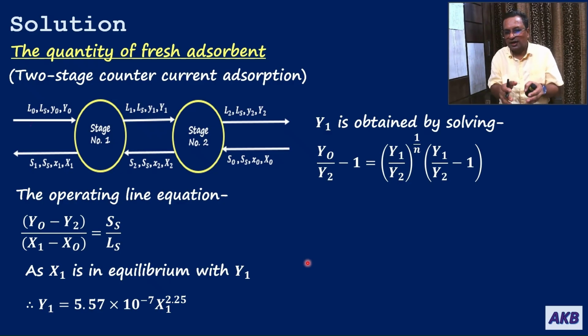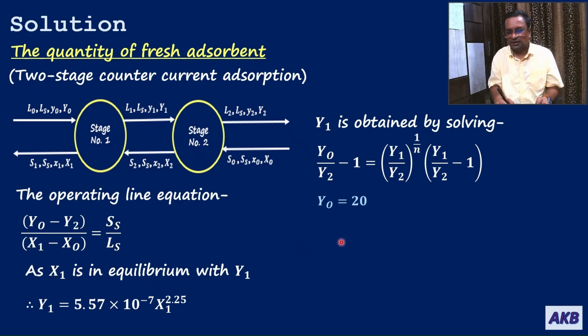I have derived this equation in part number 20. Please refer to part number 20, where I discussed how to get this equation. Over here, I am directly using the equation. When I use this equation, I am applying the Freundlich adsorption isotherm to this two-stage counter current operation.